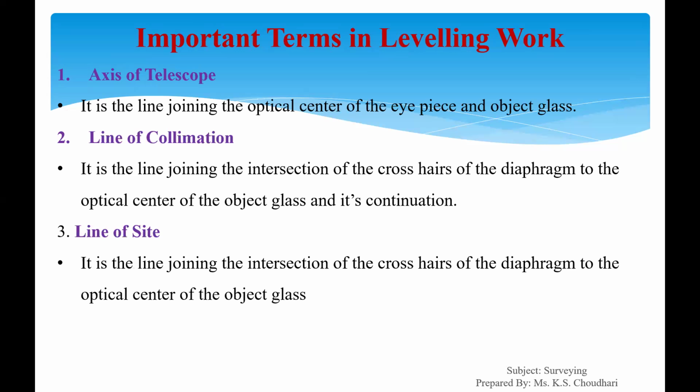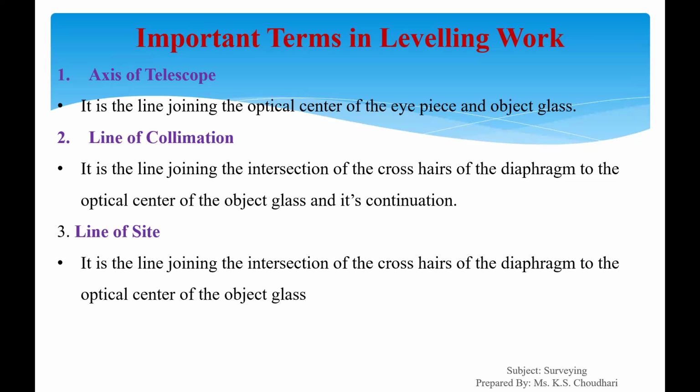Okay. Now, the important terms in leveling work. Number one, axis of the telescope. It is the line joining the optical center of the eyepiece and the object glass. Number two, line of collimation.